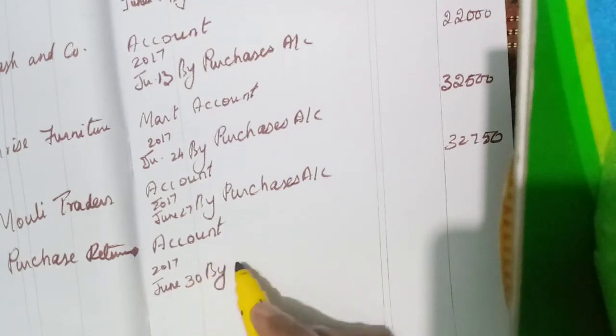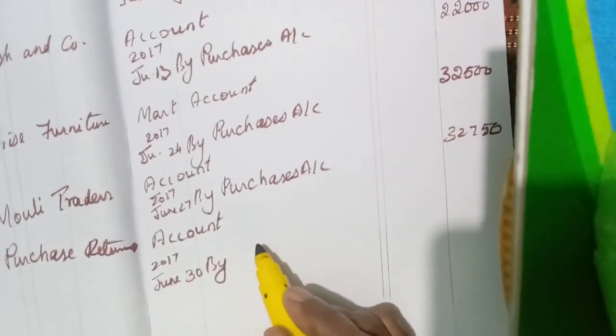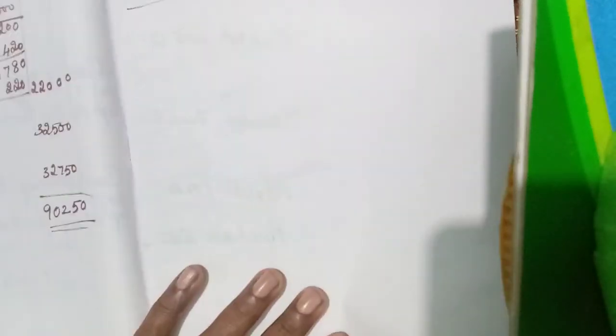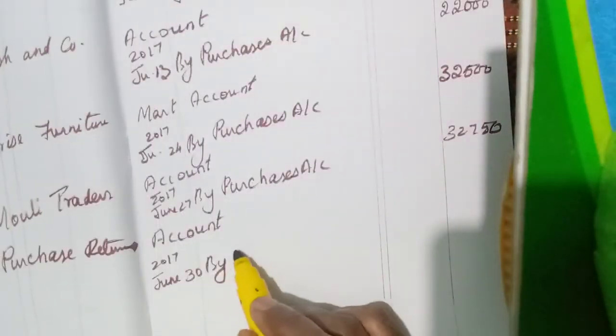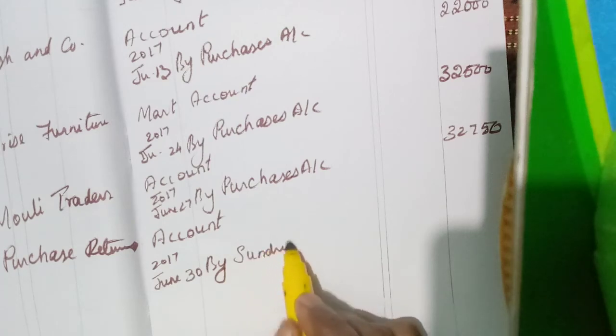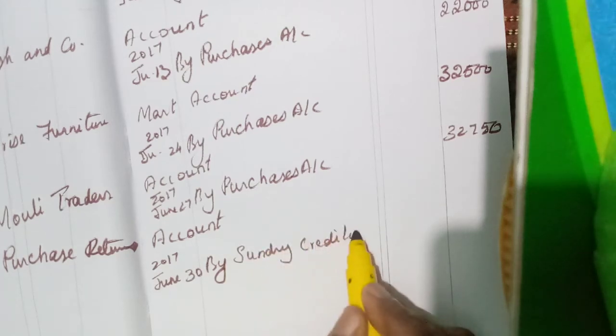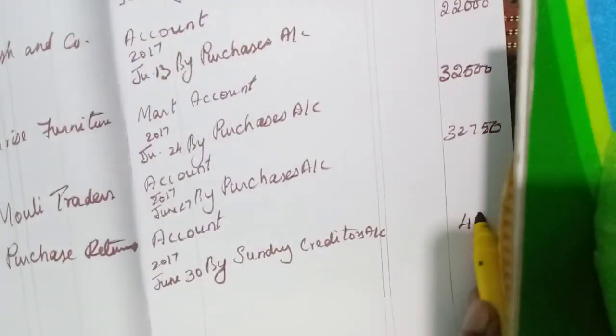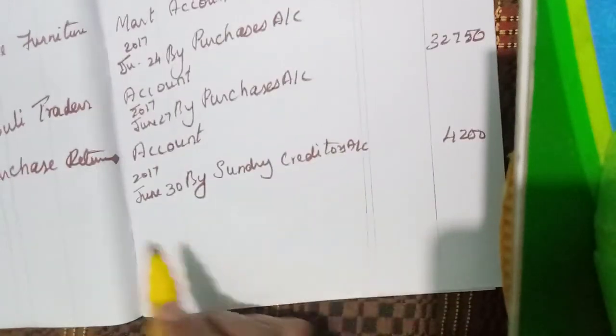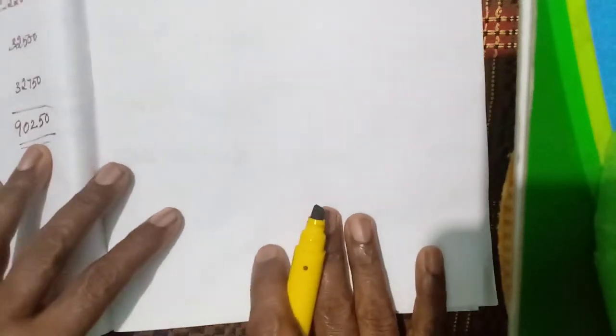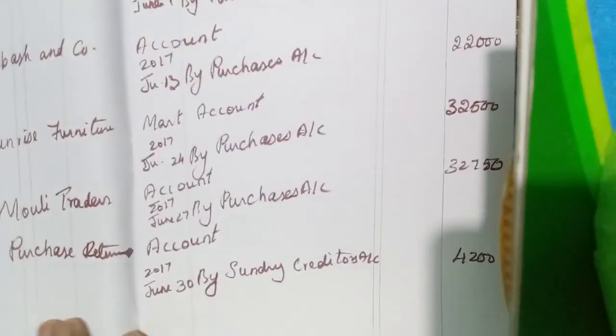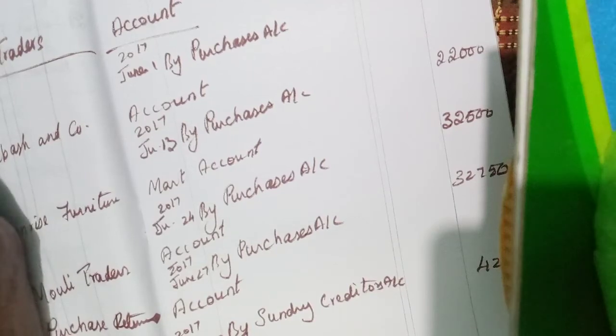Okay, by sundry creditors account. 4,200. Okay, now Balu Traders account. What should we write? In Balu Traders we should write to purchase returns account.